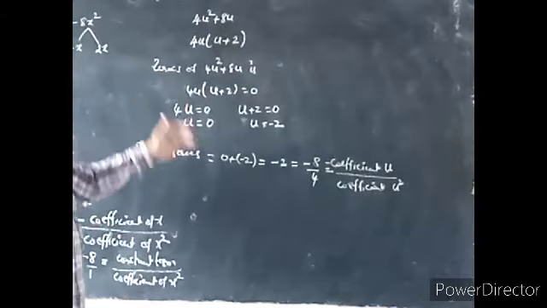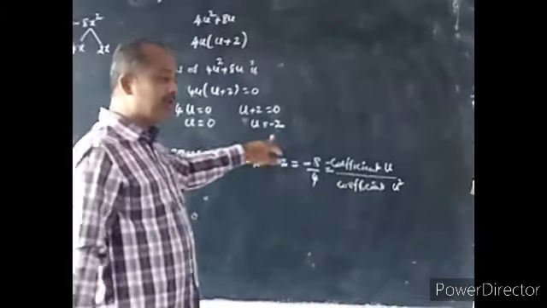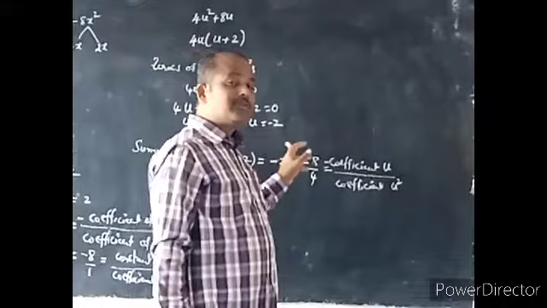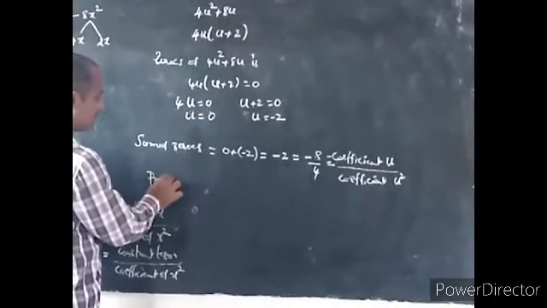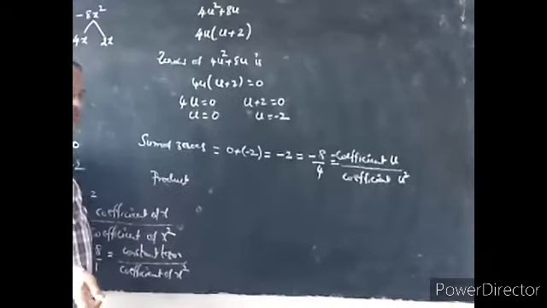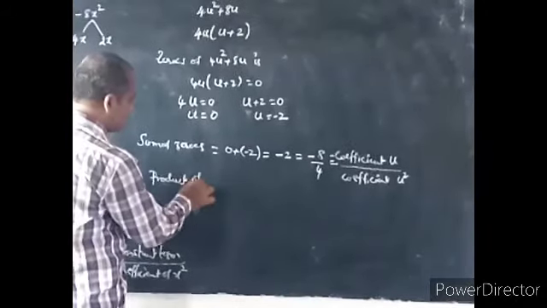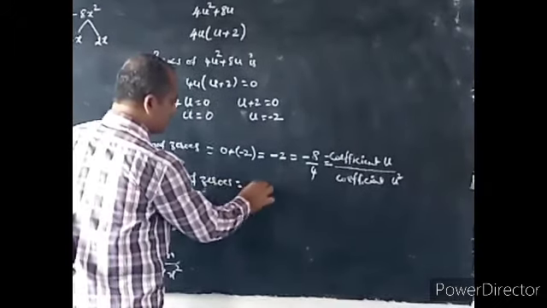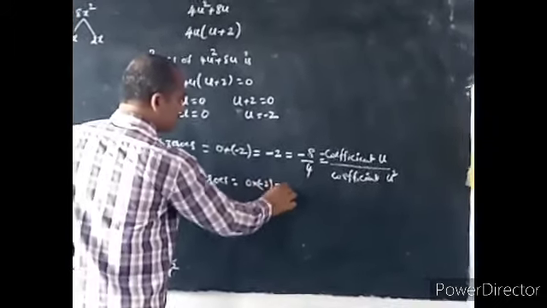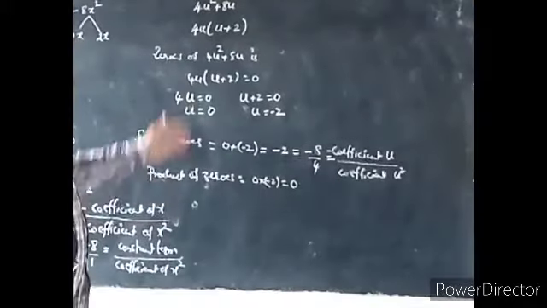Next, product of zeros. Product of zeros means 0 into minus 2. 0 into any number, the value is 0. So that is 0, which means there is no constant.